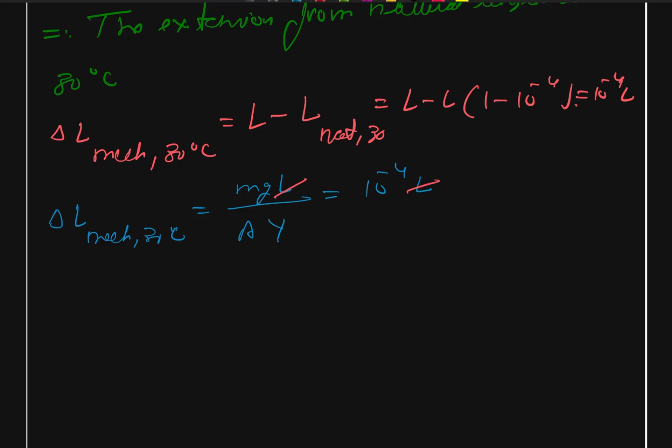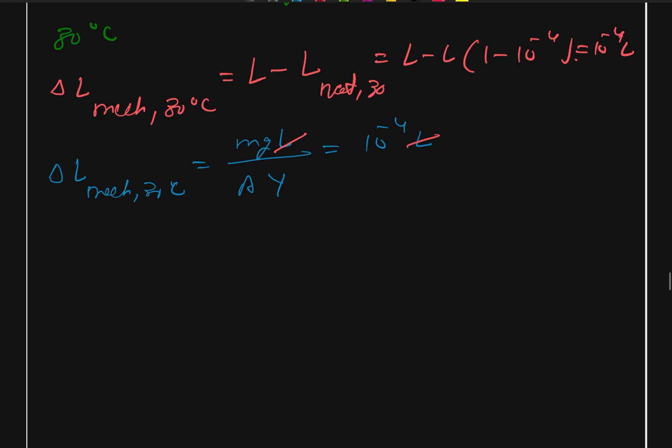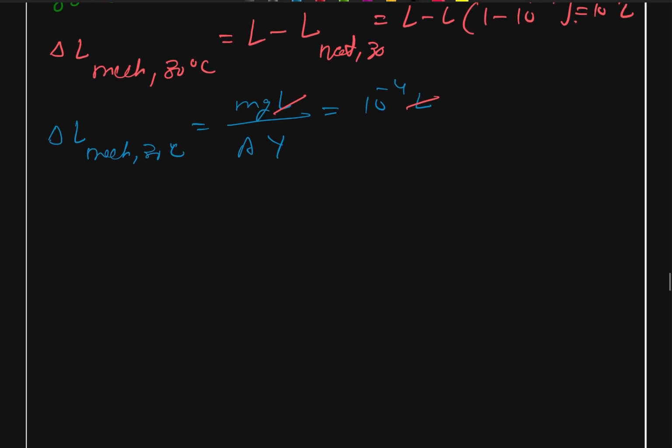Therefore, we need to find the mass. So our mass M will be equal to 10 raised to power minus 4 times area times Young's modulus divided by g.